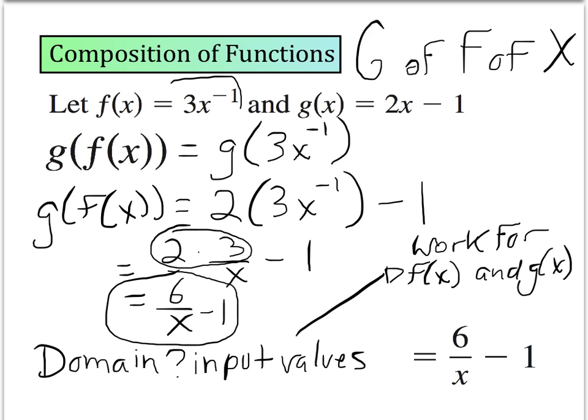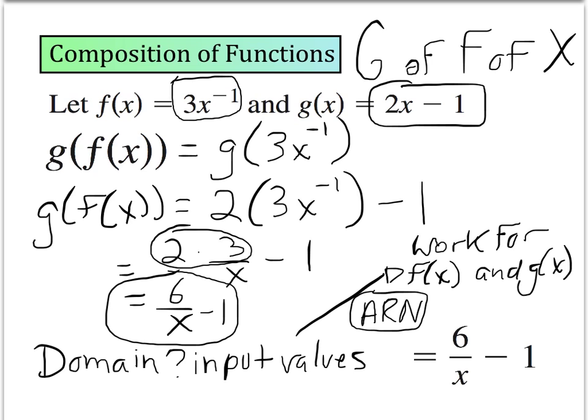When we look at both of these functions, all real numbers work, and this is an abbreviation for all real numbers, except x cannot equal 0. So this is the domain of this function: all real numbers but x cannot equal 0.